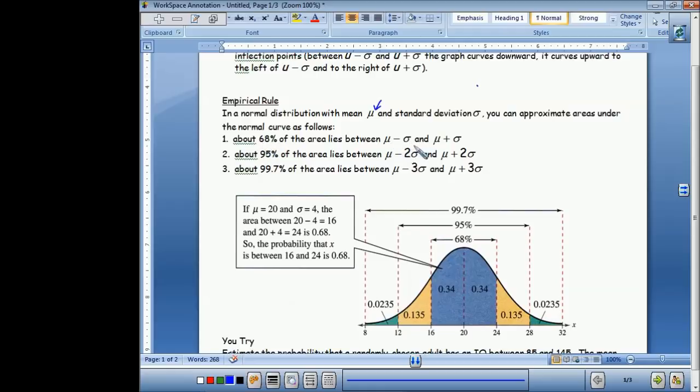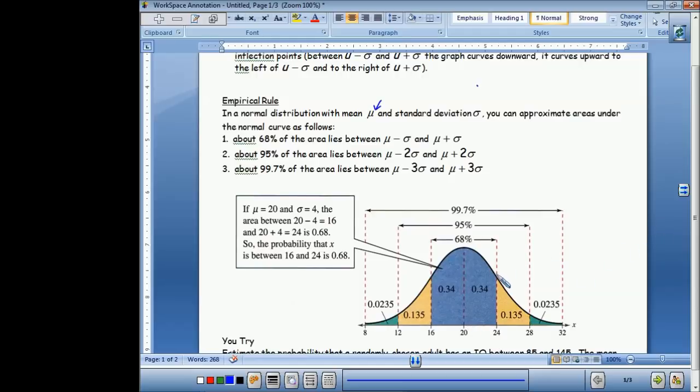Within 1 standard deviation of either direction is 68%. Once again, that is because it's symmetric, it's dividing up into 0.34 and 0.34. Within 2 standard deviations of the mean, 95% of our data lies. Within 3 standard deviations of the mean, 99.7% of the data lies.